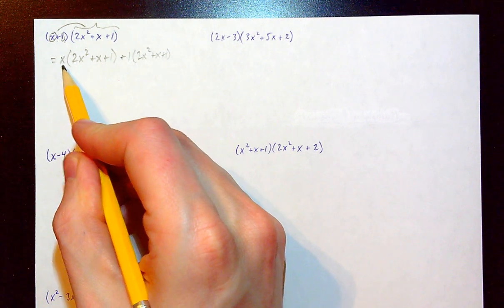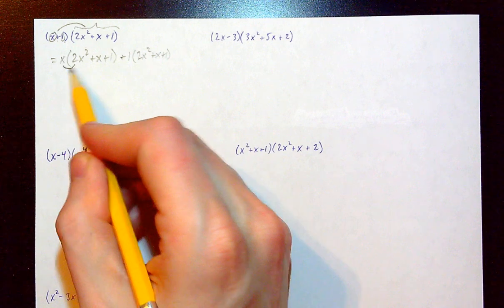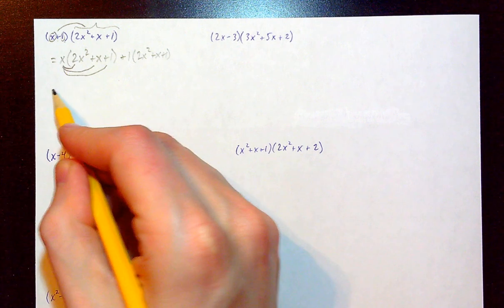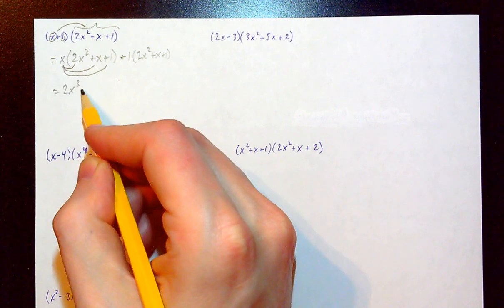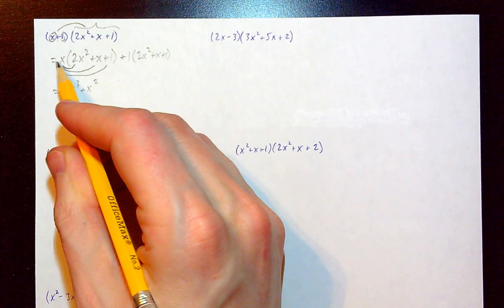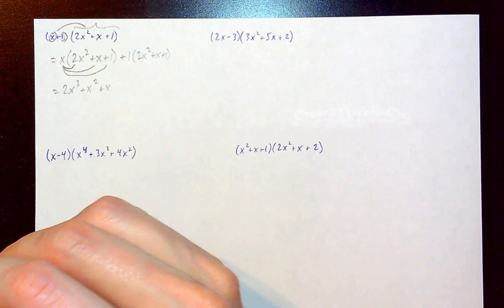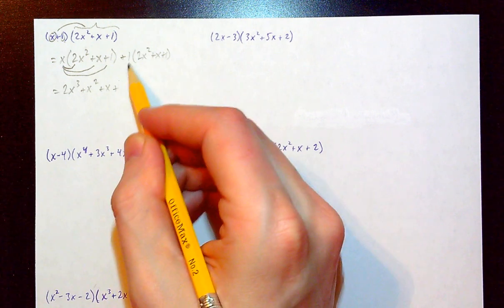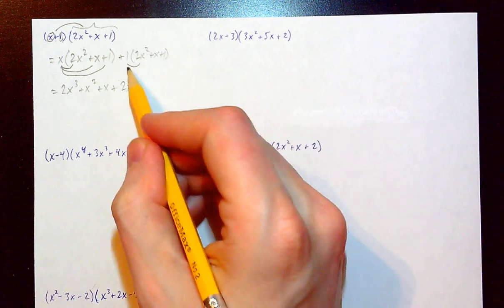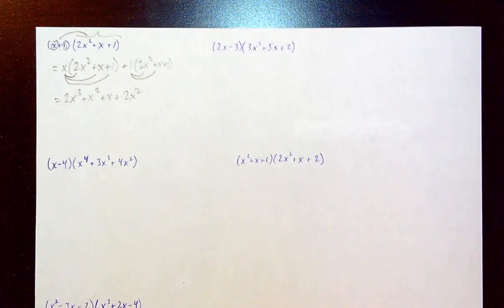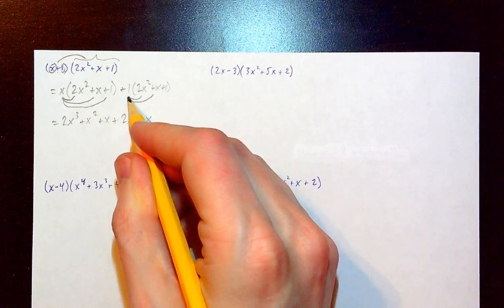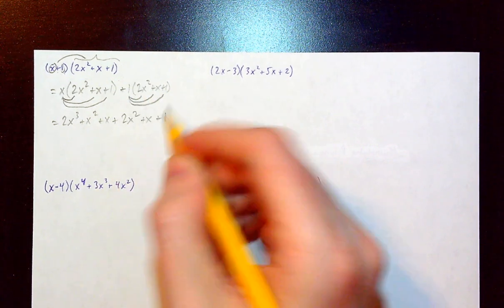So now the x is going to be distributed to each of these three terms here. It's going to give me 2x cubed, or 2x to the 3rd power, plus x times x, or x squared, and then plus x. And then plus 1 times 2x squared, or 2x squared, 1 times x gives me x, and then 1 times 1 gives me 1.